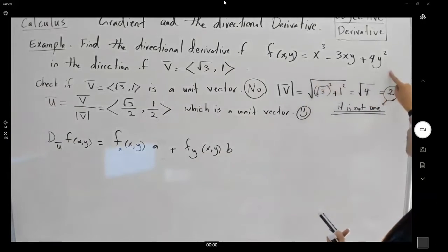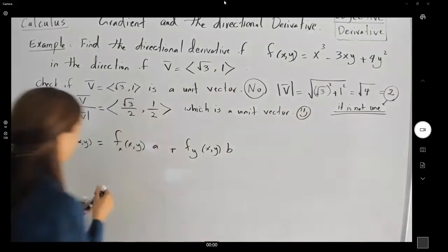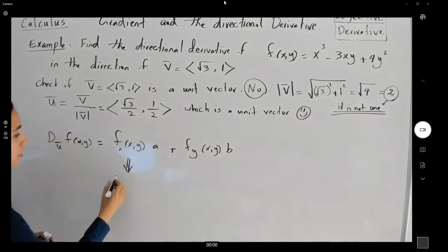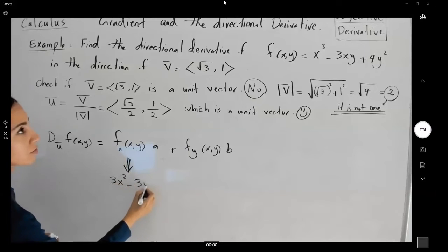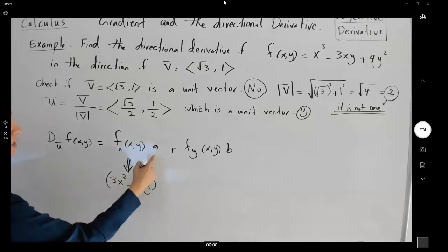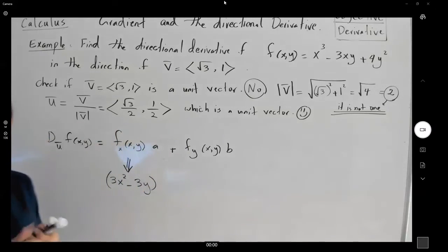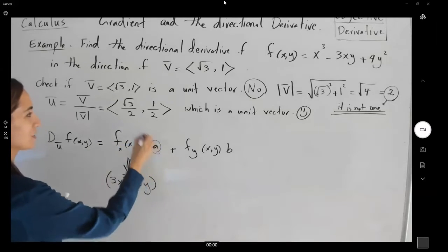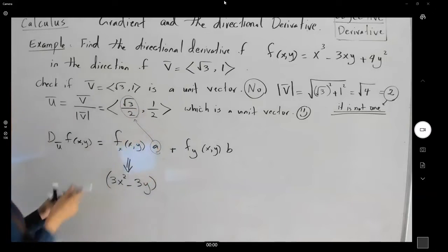Finding the partial derivative with respect to x, this guy is equal to 3x squared minus 3y times a. A is square root of 3 divided by 2.